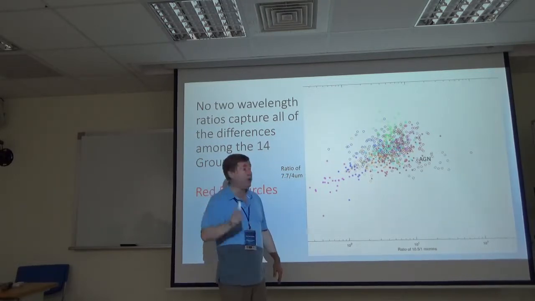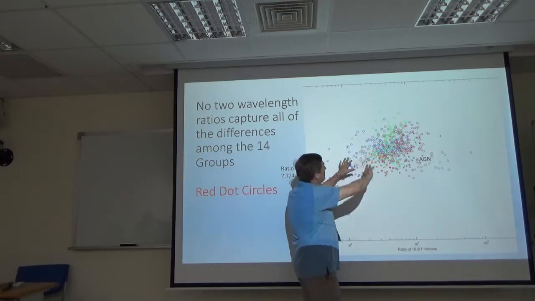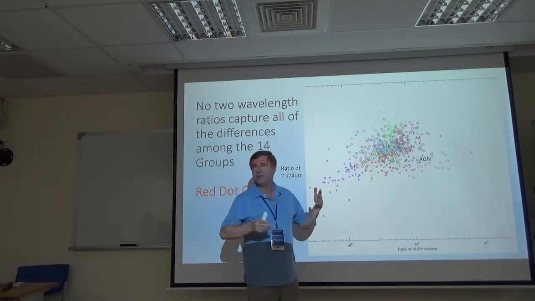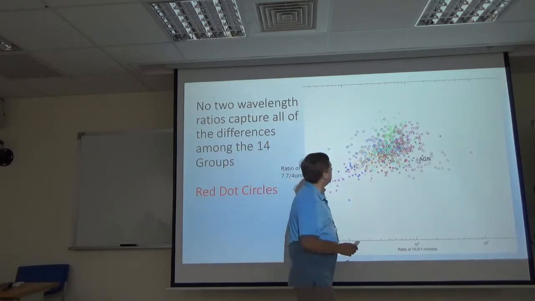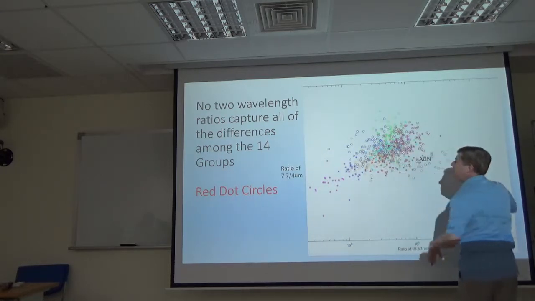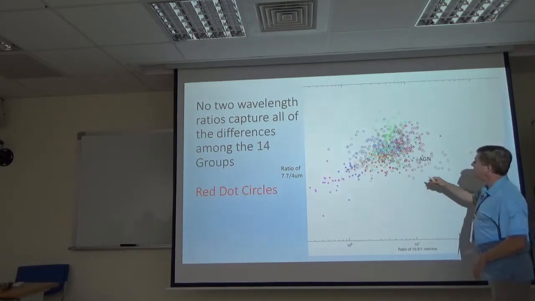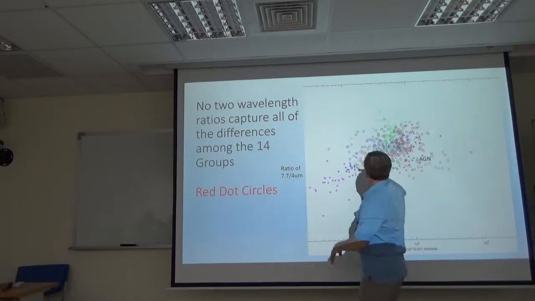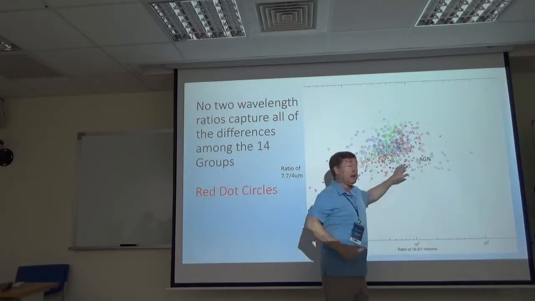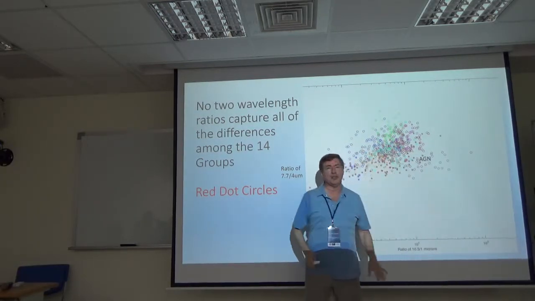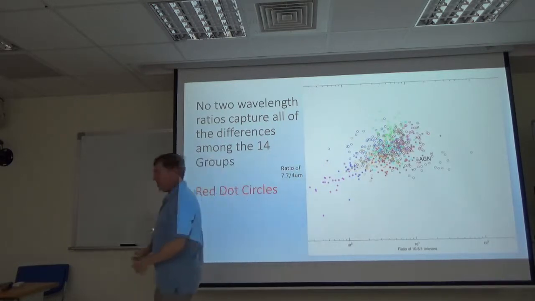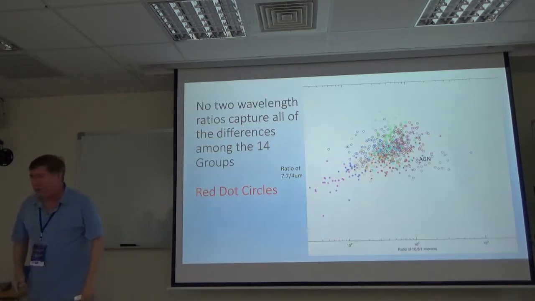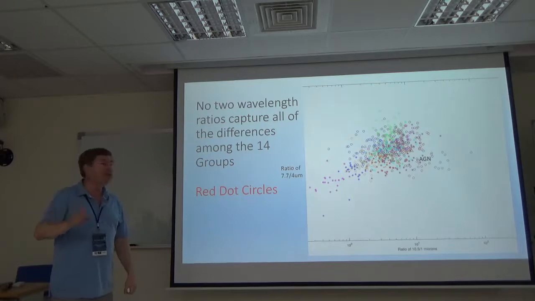These are rest frame wavelengths. You can see that the different groups, which have different colors, we've had a lot of fun with the colors here, have many different properties. Some of the groups appear in this diagram to be on top of each other, but they are actually different. There's a lot more information than you think in these different templates.